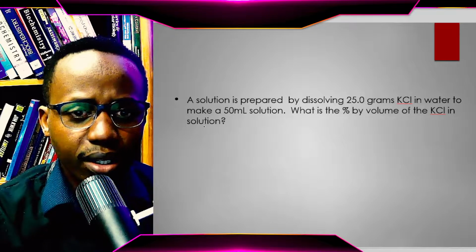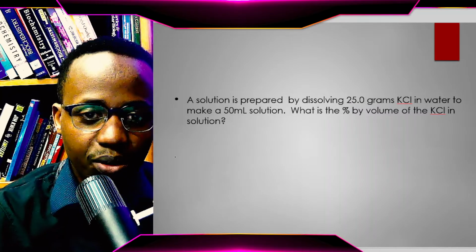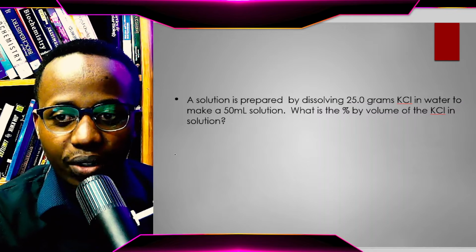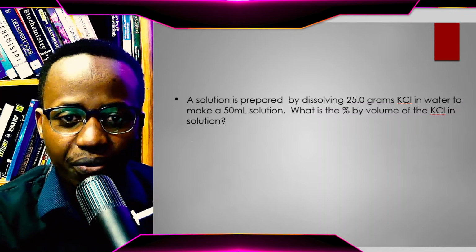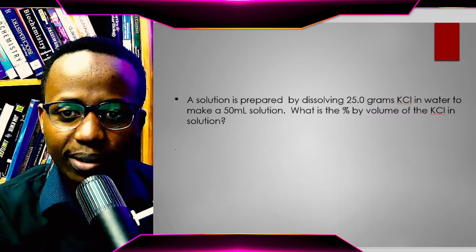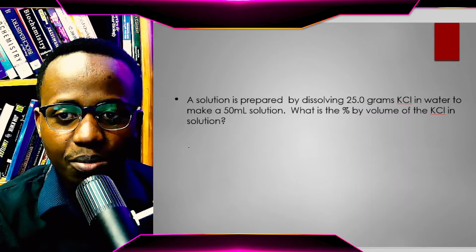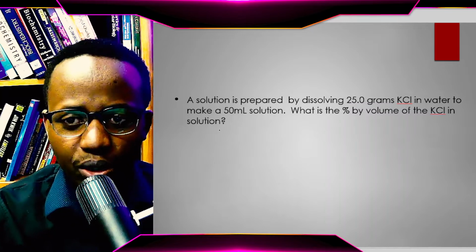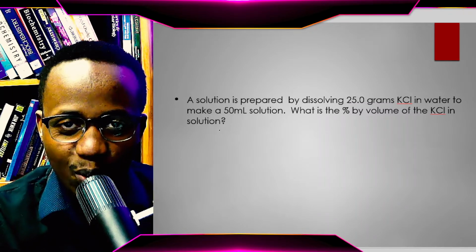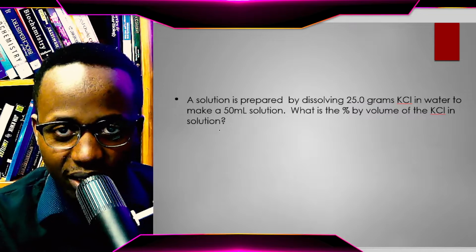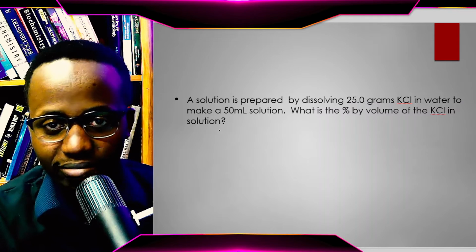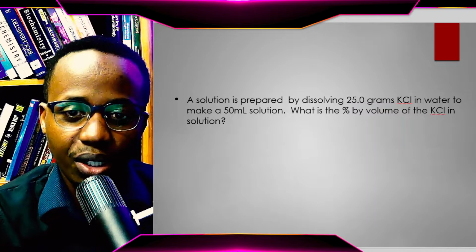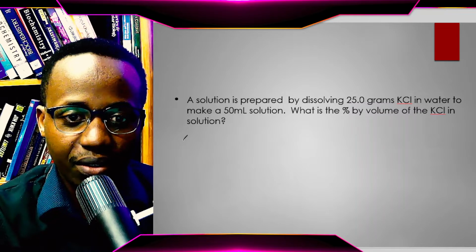It says a solution is prepared by dissolving 25 grams of KCl in water to make 50 ml solution. So if you dissolved KCl in water, which one is your solute? It's KCl. Which one is your solvent? It's water. And the solution is the whole thing. So here, what did they give us?